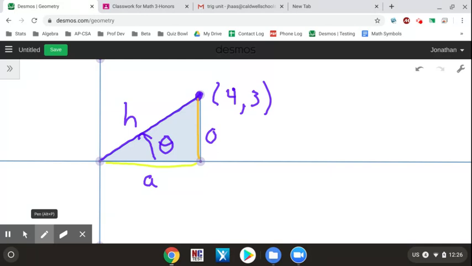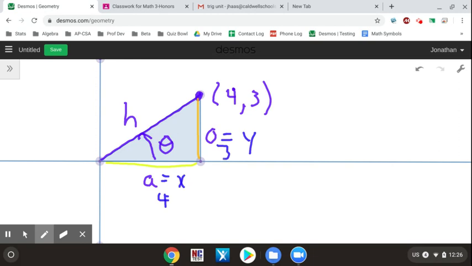However, when we're on a coordinate plane, not only can I call this yellow side A, I can also call that yellow side X, because it is the x coordinate that gives me the length of the adjacent side. Because for that point 4, 3, I had to go over 4, so in this case, the length of that side is 4. It was the x coordinate of my point. The opposite can also be called y, because the y coordinate of that point gives me the length of the opposite side. So in this case, it's 3.